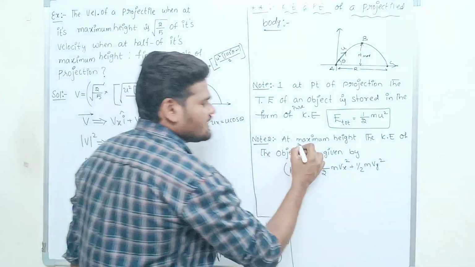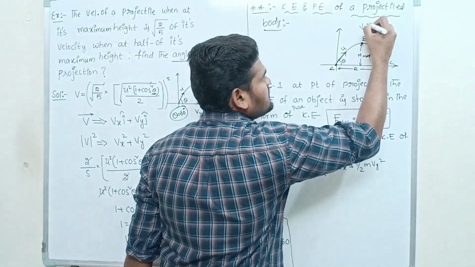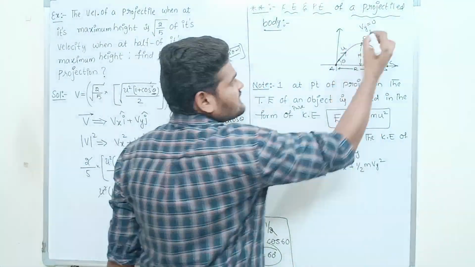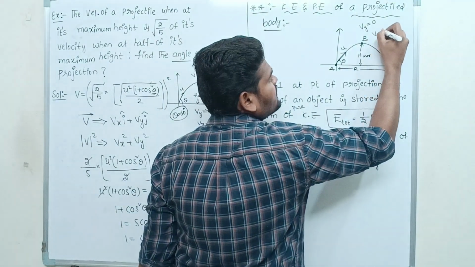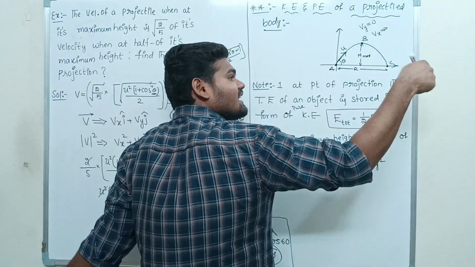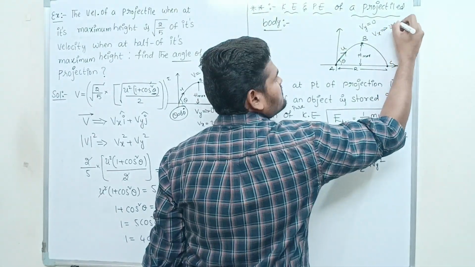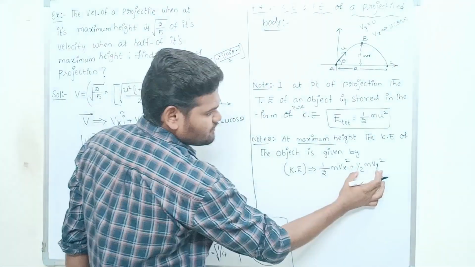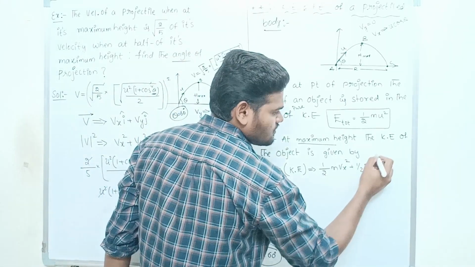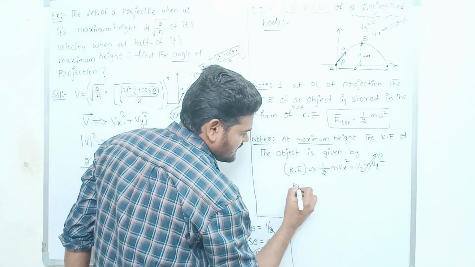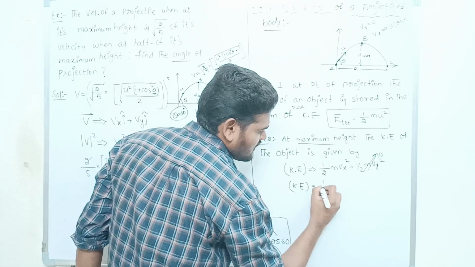At a maximum height, the vertical velocity component is 0. So the horizontal component of the velocity anywhere along x direction, either it is final or initial, equals u cos theta. So at a maximum height, Vy is equals to how much? 0. So kinetic energy is equals to half m Vx square.